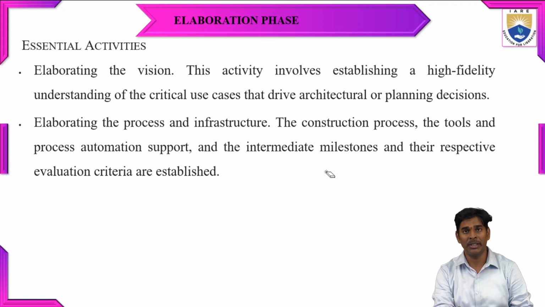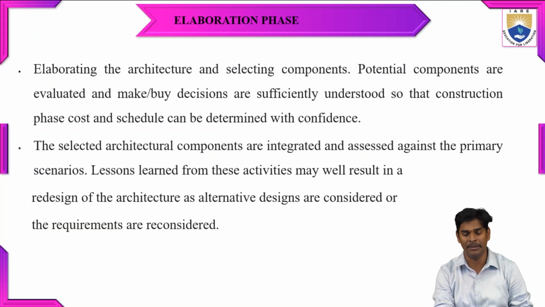And it will also reduce the size of the lines of code. And here they're considering the intermediate milestones and the respective evaluation criteria. So they need to check what the various milestones are that they need to use for the evaluation criteria here.